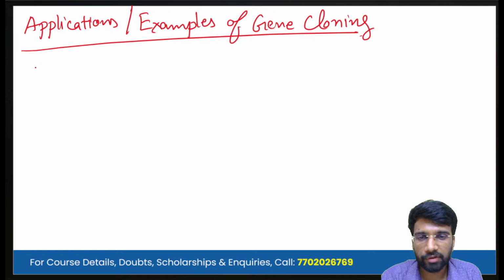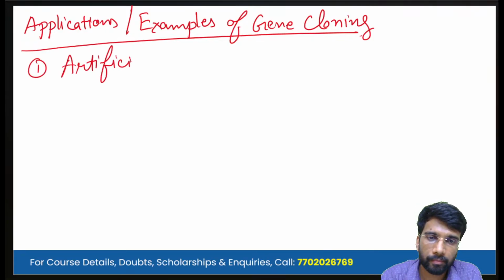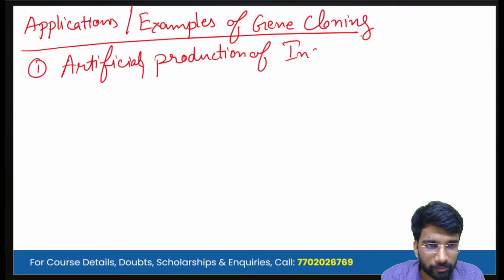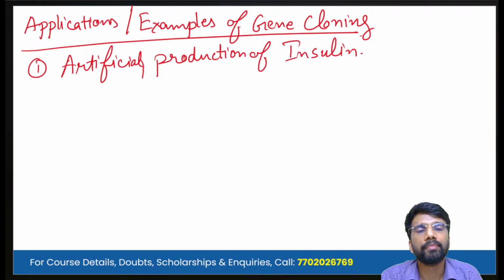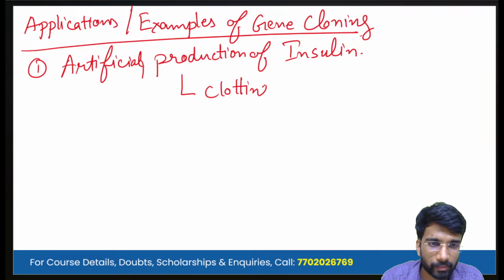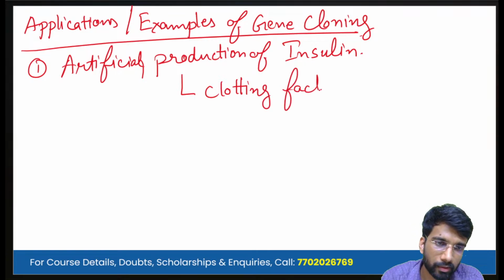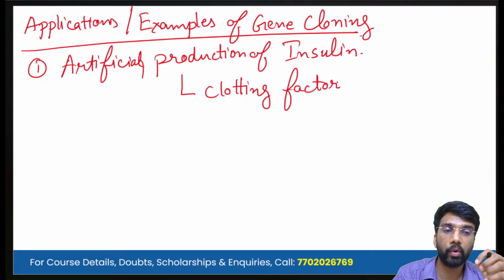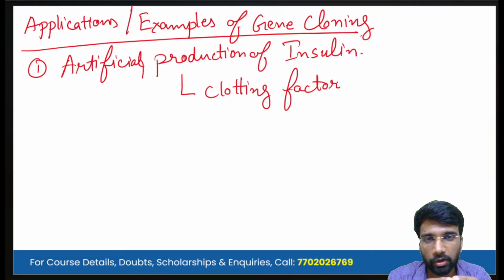One example that we have seen is the artificial production of insulin. And we can also artificially produce the clotting factors. Clotting factors are the substances that are required for the proper clotting of blood.